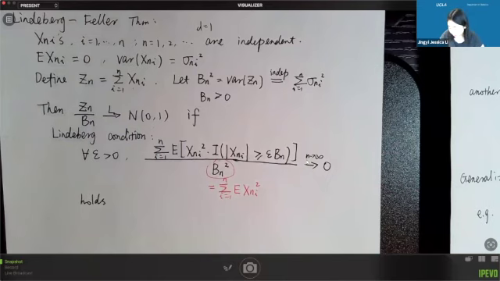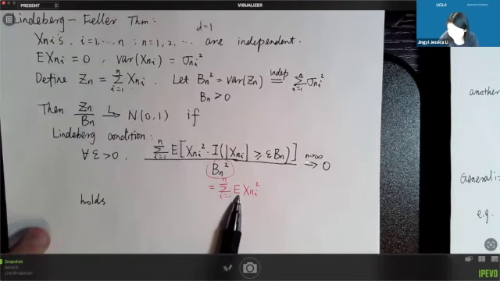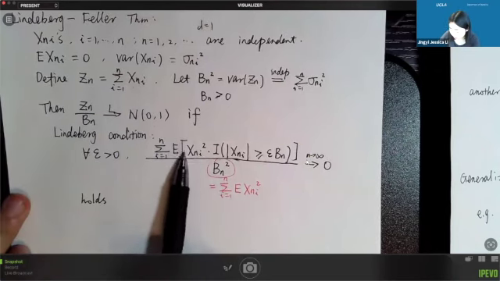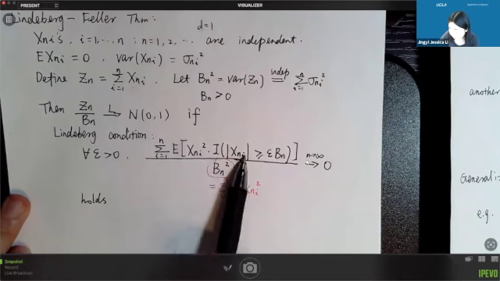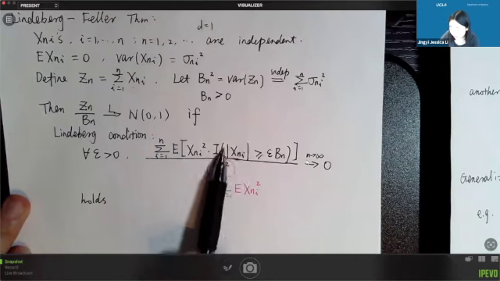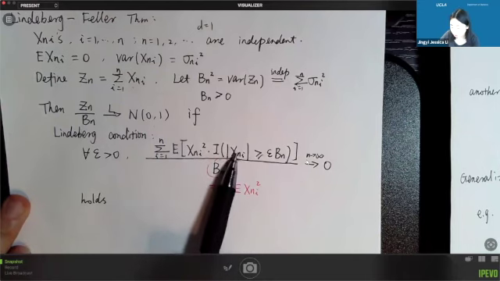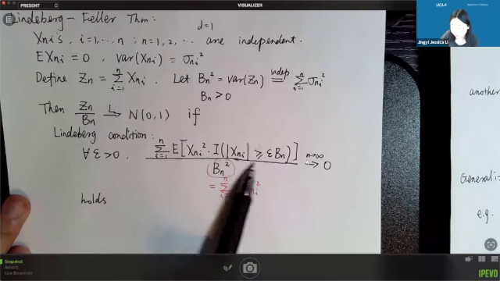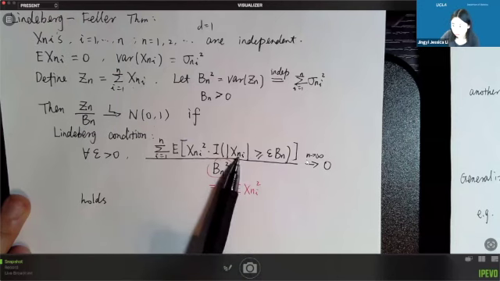The intuition is basically saying that, compared to the variance of Zn, the contribution to the variance from the part where each x_ni is super large, very far away from 0, must be very small.